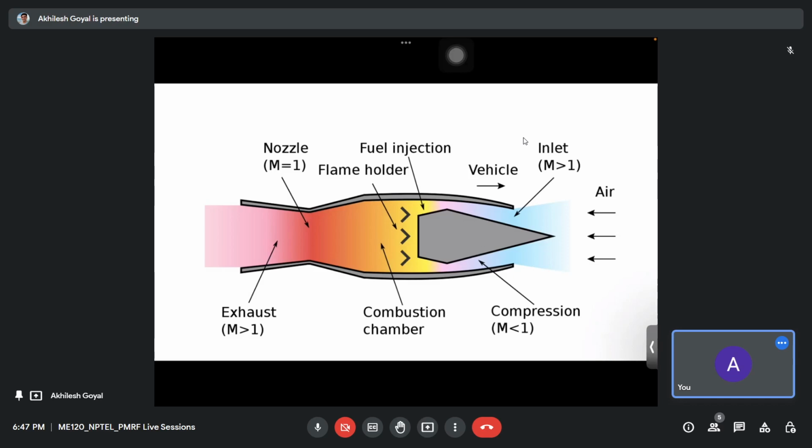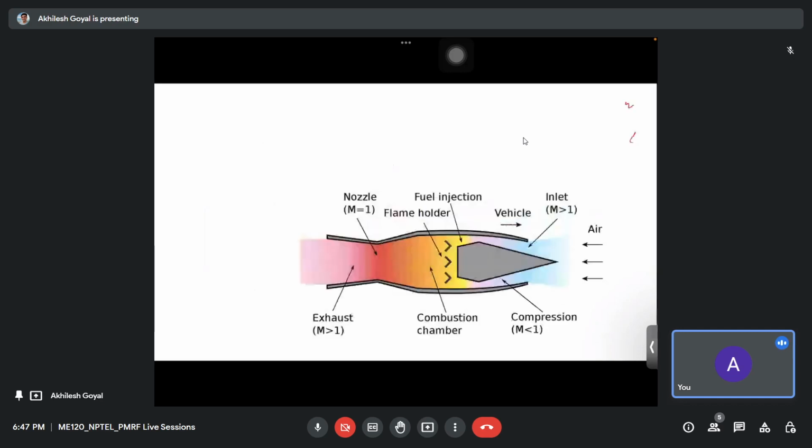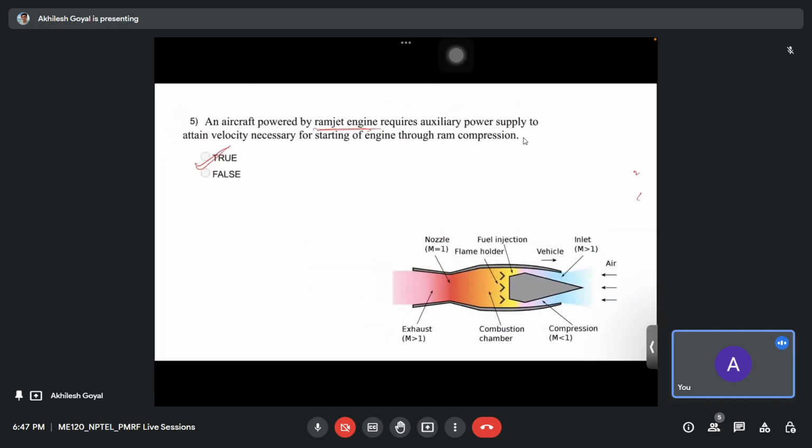That's why in aircraft that work on ramjet engines, an auxiliary engine or power supply arrangement is made so that the air can be fast enough to get the ramming effect into the ramjet engine. So that's what a ramjet engine is, and that's how it works. It uses the ramming effect of the air, not pushing the air using a fan. I hope it is clear to you. Yes.